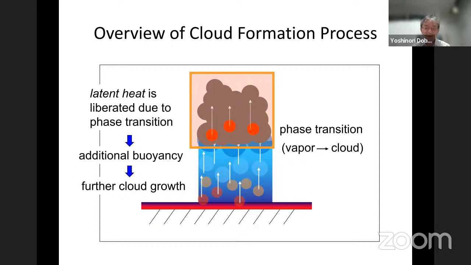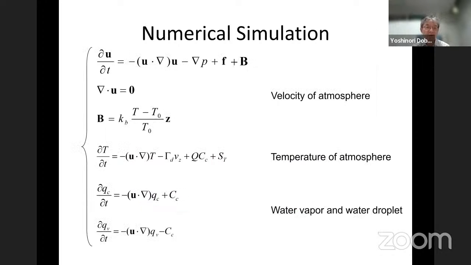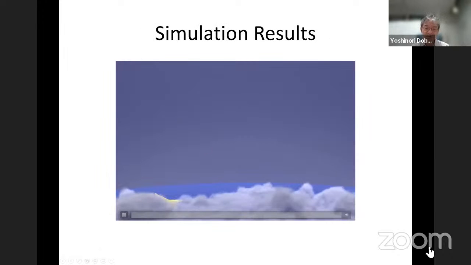These phenomena can be described by these 6 partial differential equations. The first two are the Navier-Stokes equations, the third one is the buoyancy force, the fourth one represents the temperature of the atmosphere, and the last two are related to the phase transition between the water vapor and the water droplets. By solving these equations numerically, we can obtain this kind of animation.